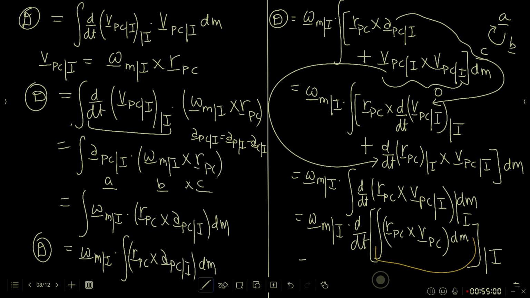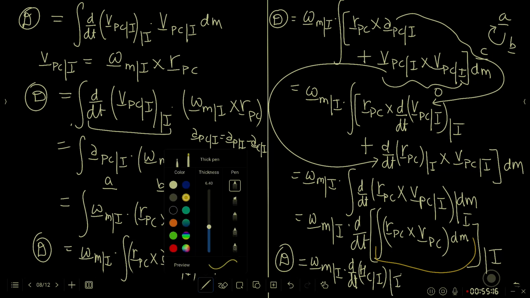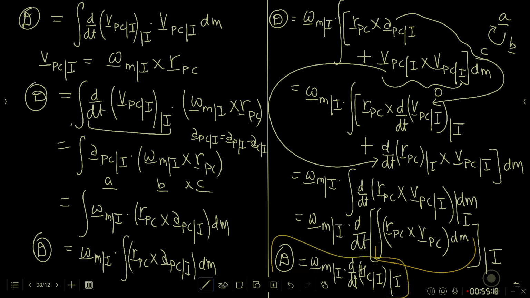D becomes omega mi dotted with d dt of HCI. So let's take back D. Let's rewind the tape. D will be plugged in here. I already have F dot VCI, and that must be the rate of change of kinetic energy with respect to frame I. So I'm going to assemble these terms.